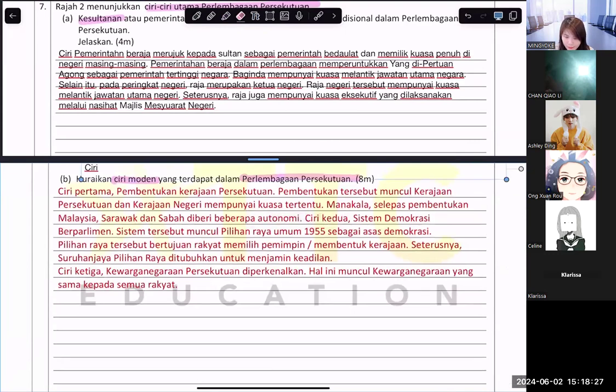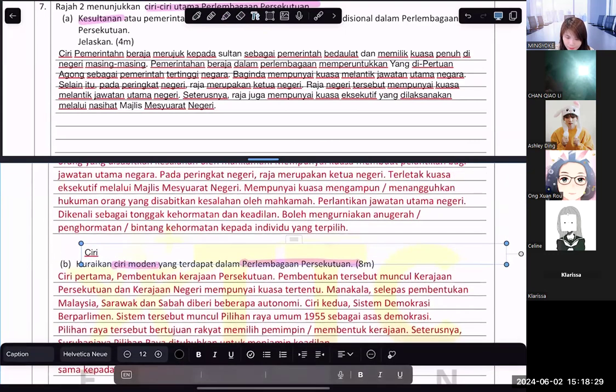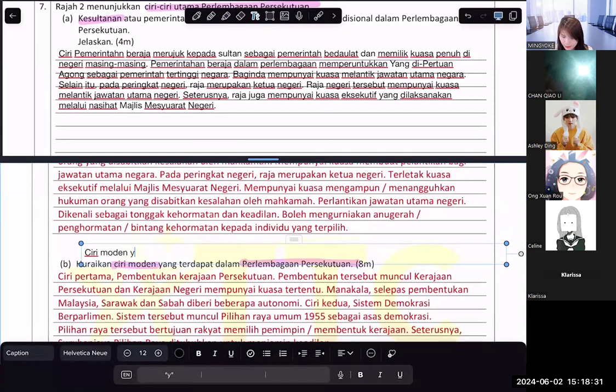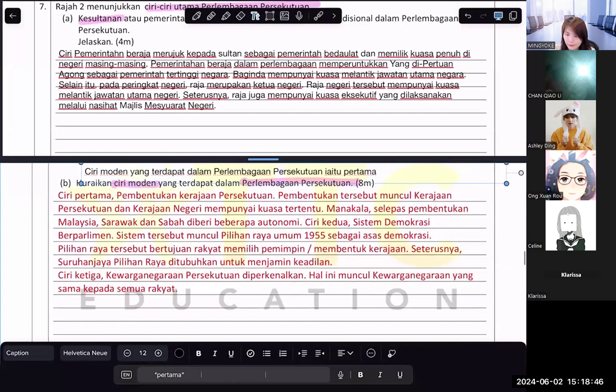Ciri modern yang terdapat dalam perlembagaan persekutuan, iaitu pertama.